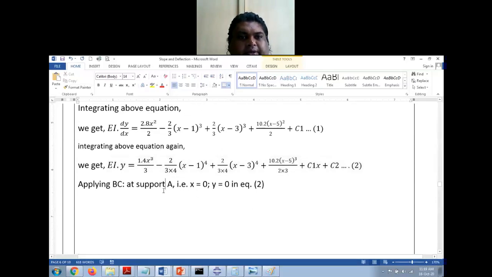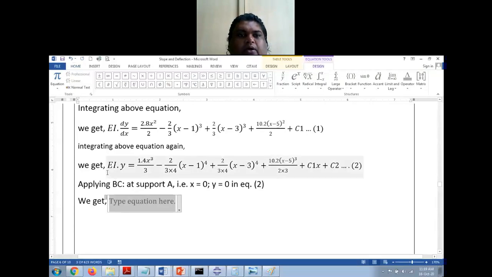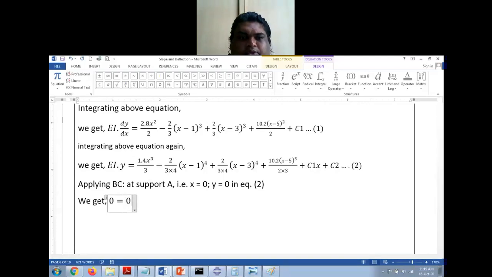So what do I get? We get EI into 0, so it will become 0 is equal to 1.4 into x cube, so that will become 0 because there is x. 0 minus 1, so this will be negative, so this will also be 0.